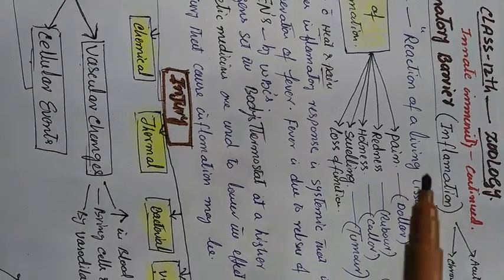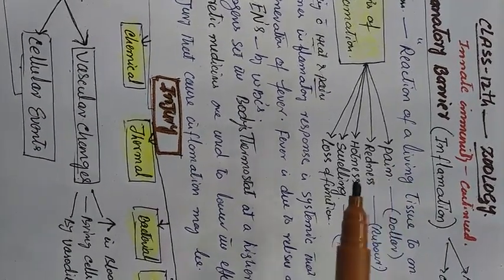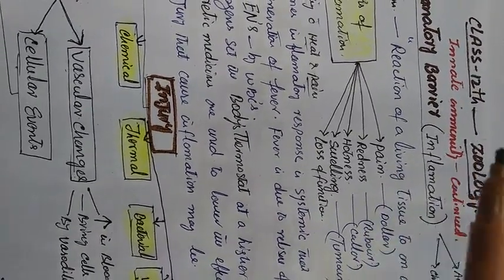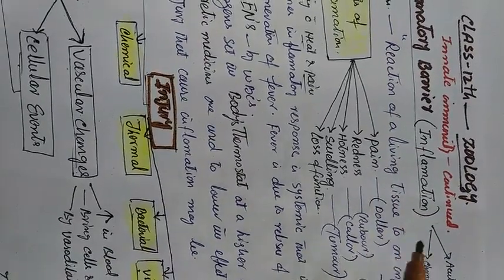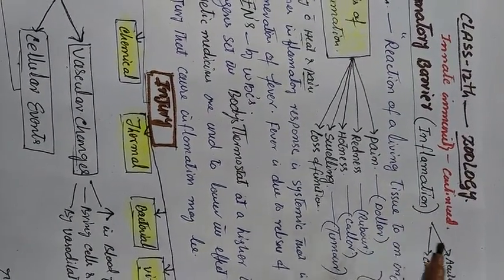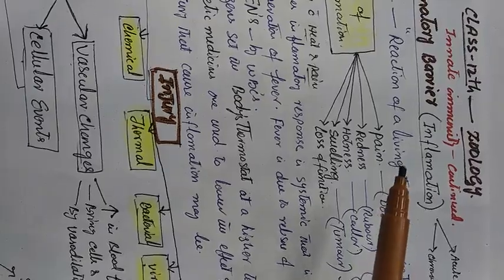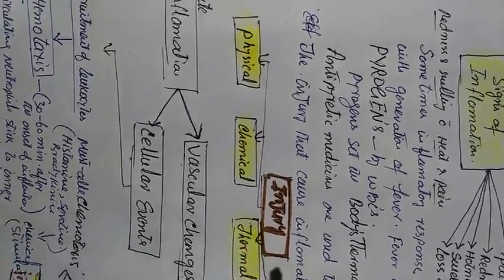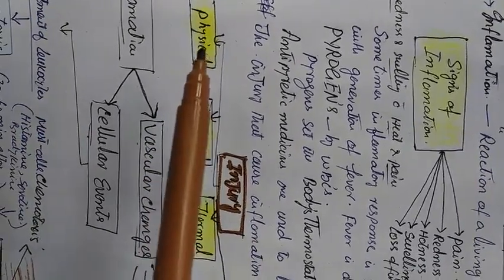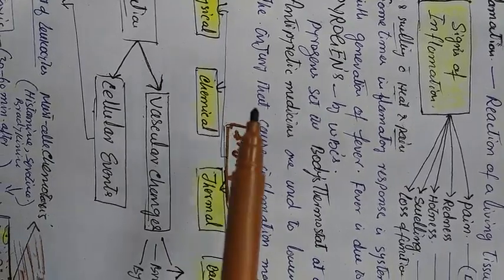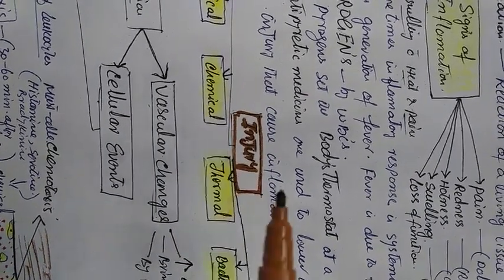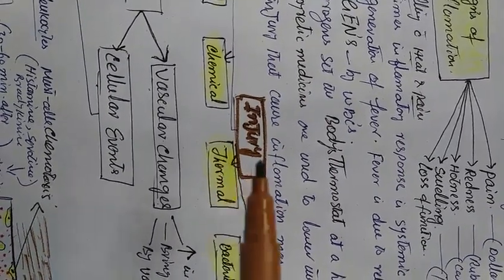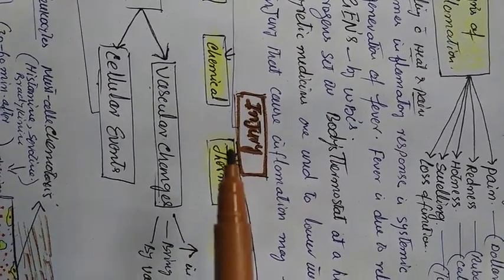Now, we will discuss the injury that causes inflammation. As already said, inflammation is the reaction of a living tissue to an injury. Now we have to understand the injury that causes this inflammatory response. This injury may be physical or chemical. Sometimes some chemicals also cause injury, and this injury may be thermal, that is excessive heat or excessive cold, which causes tissue damage.